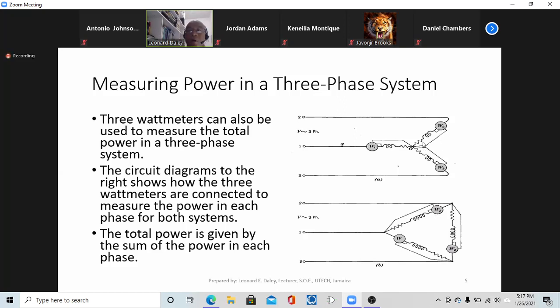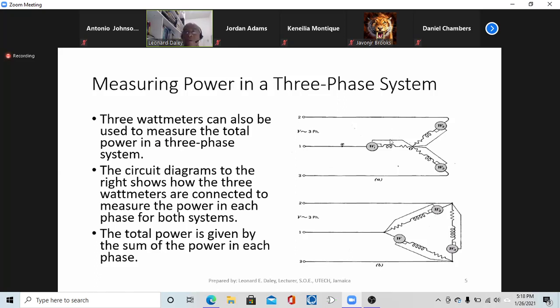So this one would now be the use of 3 watt meters to measure the power in the 3-phase circuit. So each watt meter will be measuring what's happening in each phase, right? So it's kind of intuitive that yes, the 3 watt meters can be used to determine the total power in the 3-phase system.